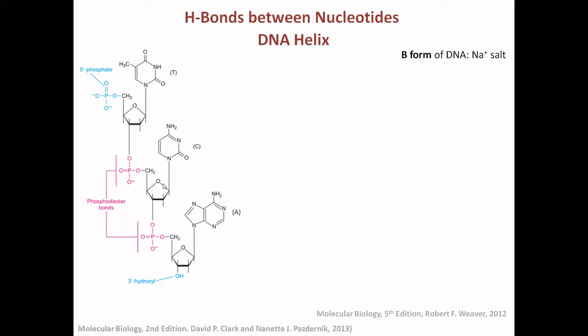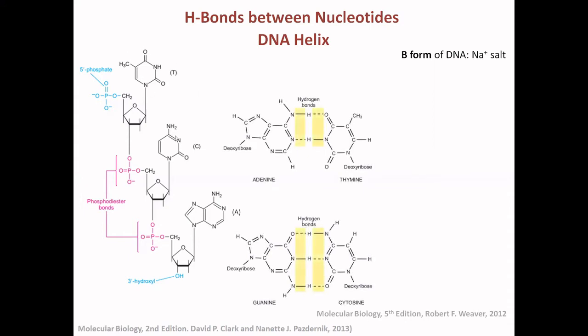Similarly, the 3' OH of this nucleotide forms a phosphodiester bond with the phosphate group of the subsequent nucleotide. Like this, the DNA runs from the 5' phosphate end to the 3' OH. So this is one strand of the DNA molecule.